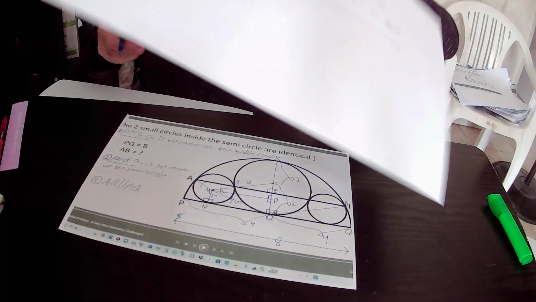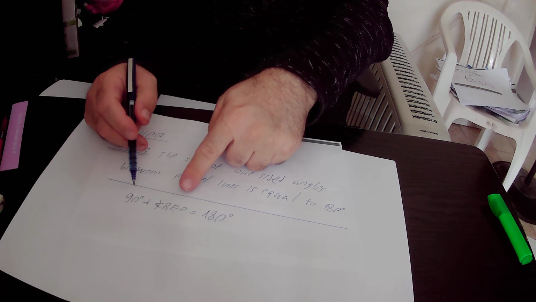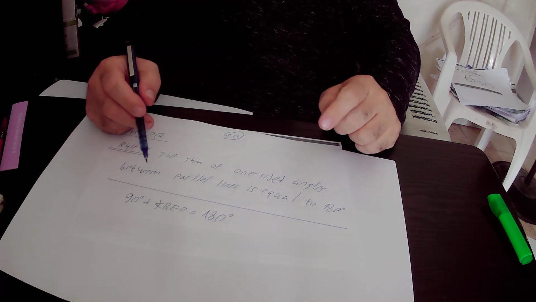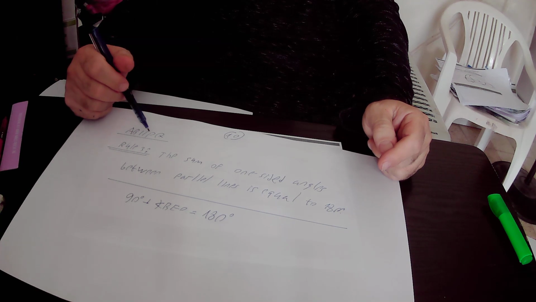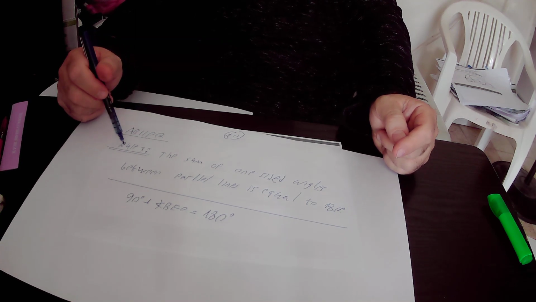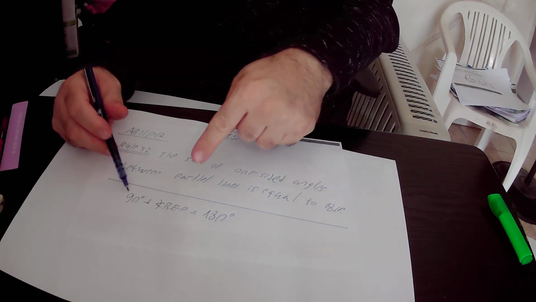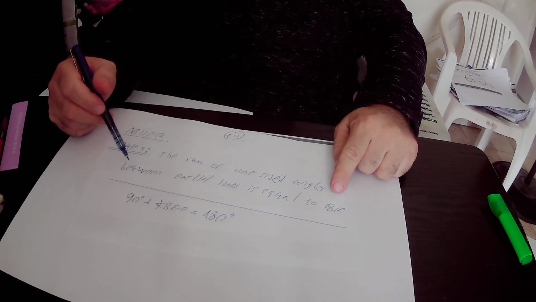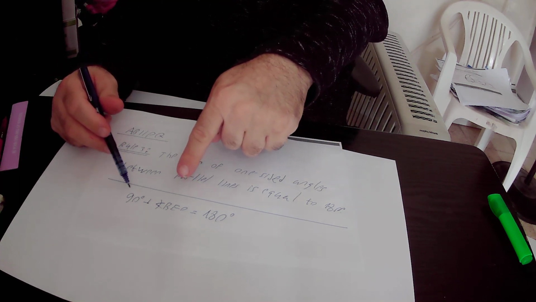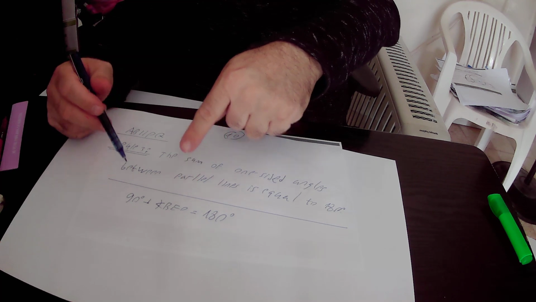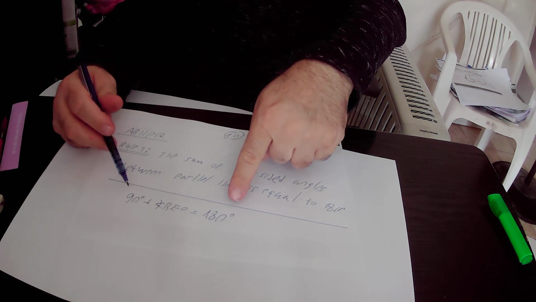Here, those two angles are located between the parallel lines AB and PQ. AB is parallel to PQ. Therefore, according to rule number 3, the sum of those two angles is equal to 180 degrees.